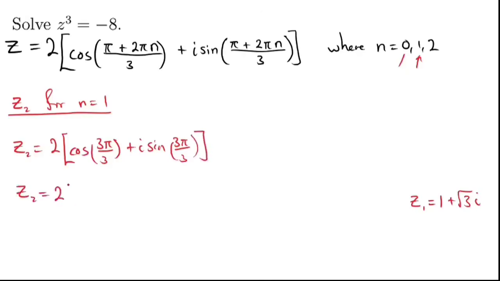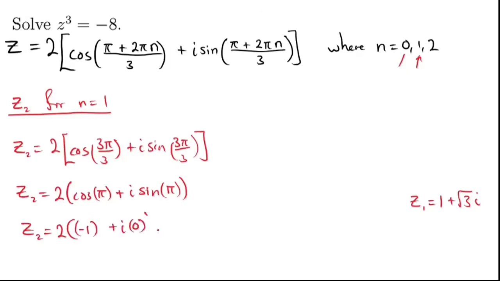So this is 2 open bracket cos pi plus I sine pi. Pi is 180 in degrees, so cos 180 is -1, and sine 180 is 0.